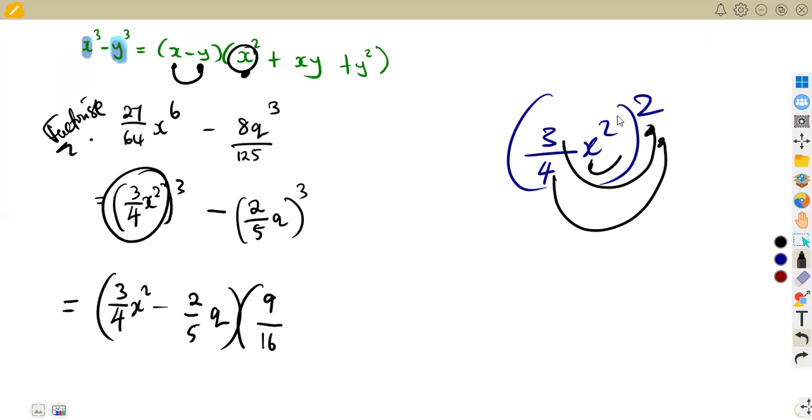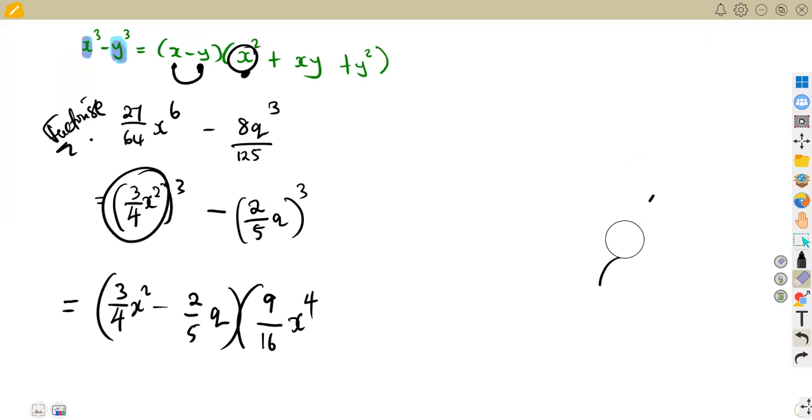Then x squared to the exponent of 2 is x to the exponent of 2 to the exponent of 2 again. For exponents, you multiply, so it will be x to the exponent of 4. All right, let's move on to the other one.